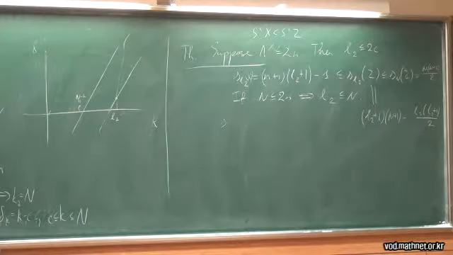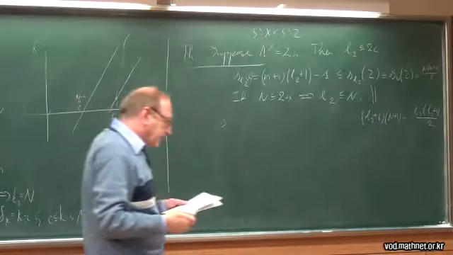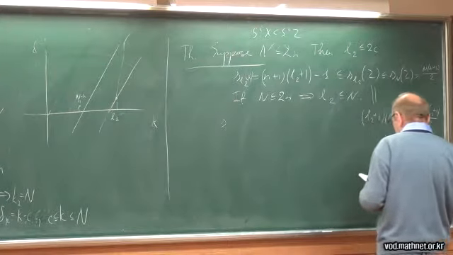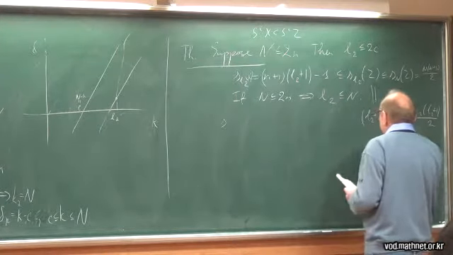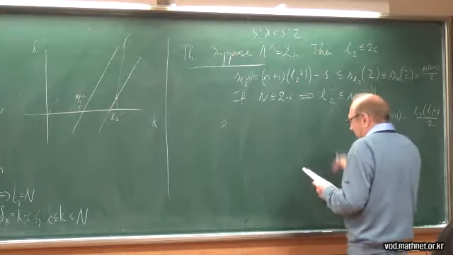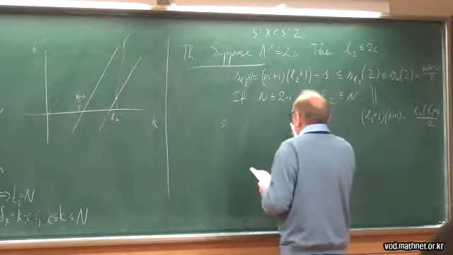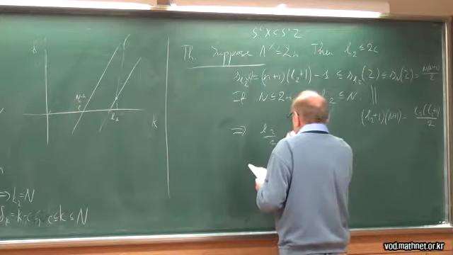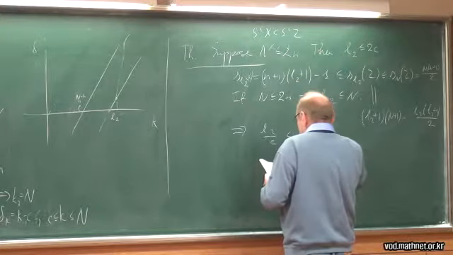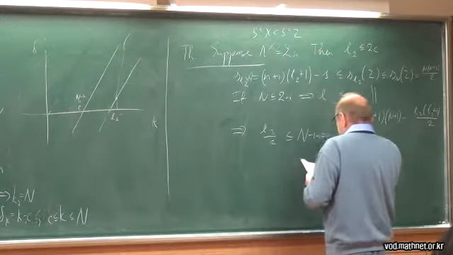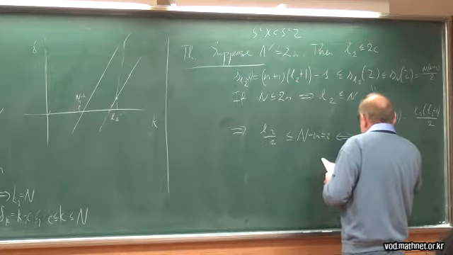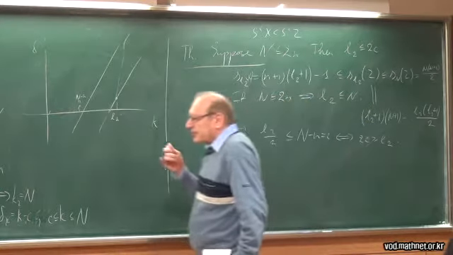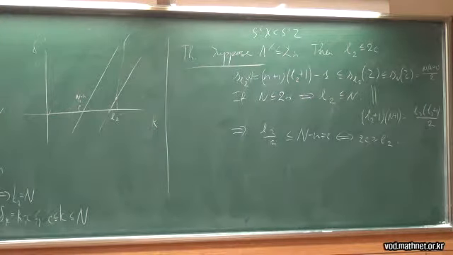So we know how to sum up the first L2 natural numbers. And so from this, just by solving this inequality, we conclude that, and therefore, so we proved this.